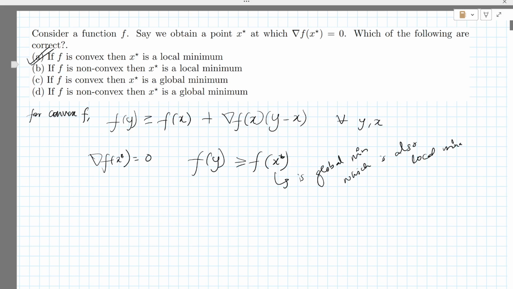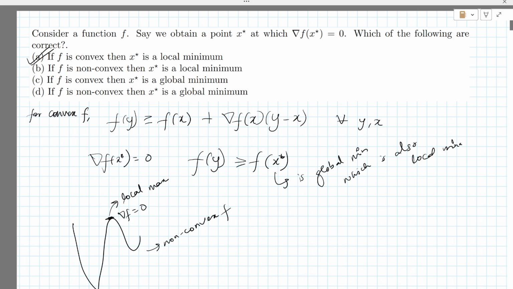If f is non-convex, then x star is a local minimum. That need not be true. It can be a global maxima or local maxima for a non-convex function. Right? This also has gradient 0. If f is convex, then x star is a global minimum.